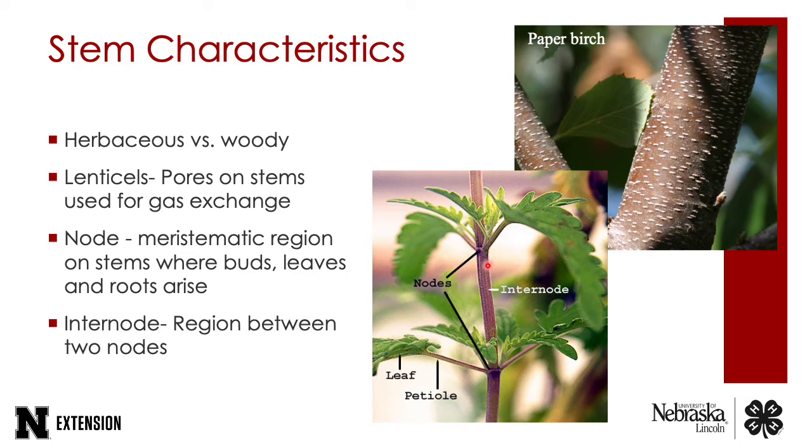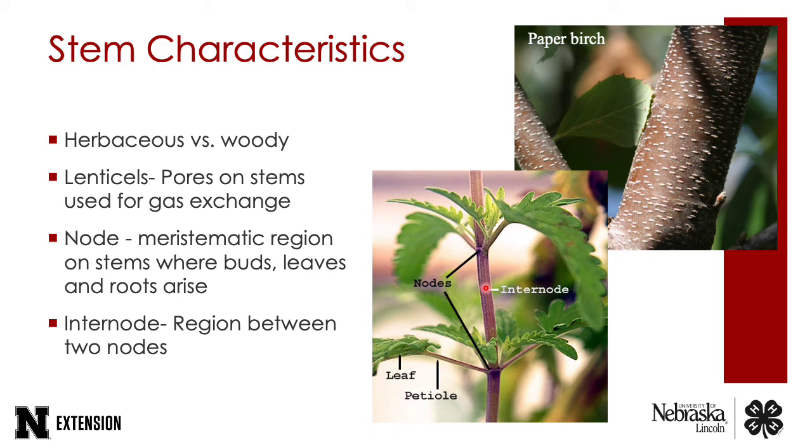We compare that to an internode, which is this section of the stem right here between these two nodes. It does not have the ability to generate any new growth. So if we were to make a cut across this stem, everything from the cut down to the next node would die, because that stem section does not have any way to keep itself alive.